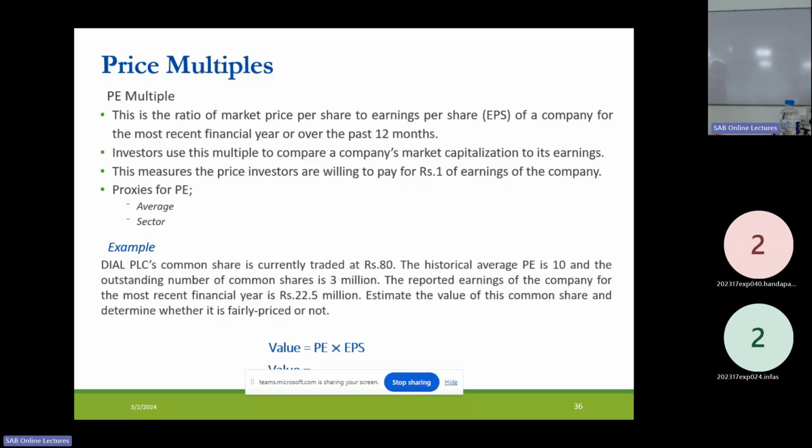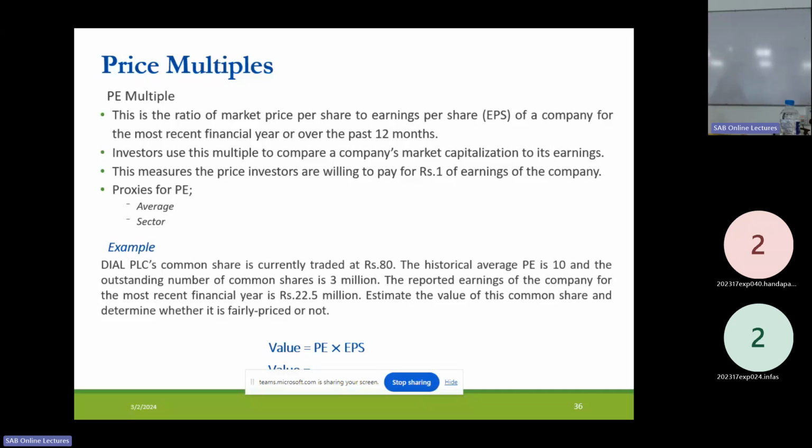You can take the past 10 years or past 12 months or whatever the period. This is a kind of ratio, the price to earning ratio. Investors use this multiple to compare the company's market capitalization to its earnings. The benchmark can be a company average, a sector average or an industry average, or you can take a rival company as the benchmark.